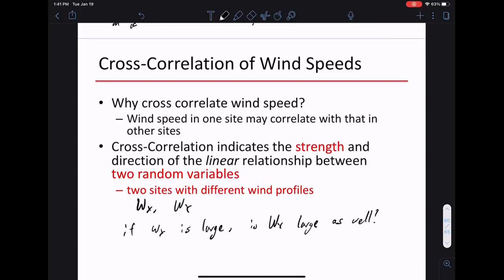Compare that with two sites that are anti-correlated. When one is large, the other one is small, and vice versa. Then what you see in total is that the sum power is relatively flat. That's a different case the operator has to think about compared to two sites that go up and down together.